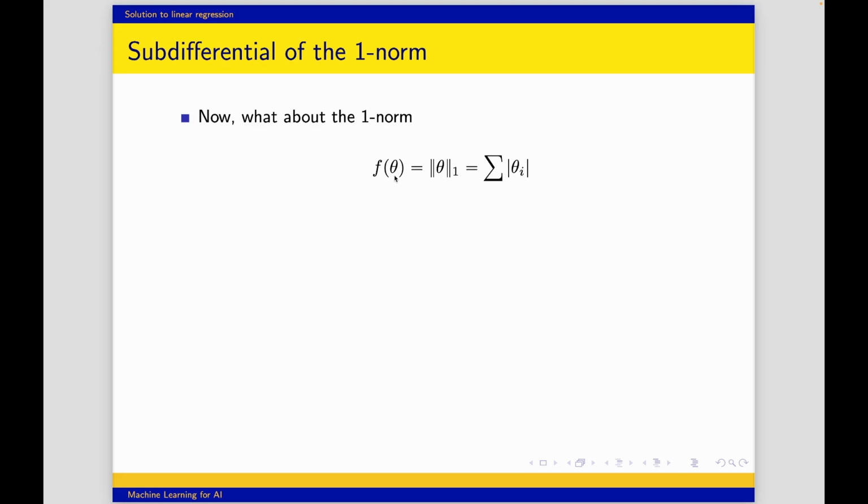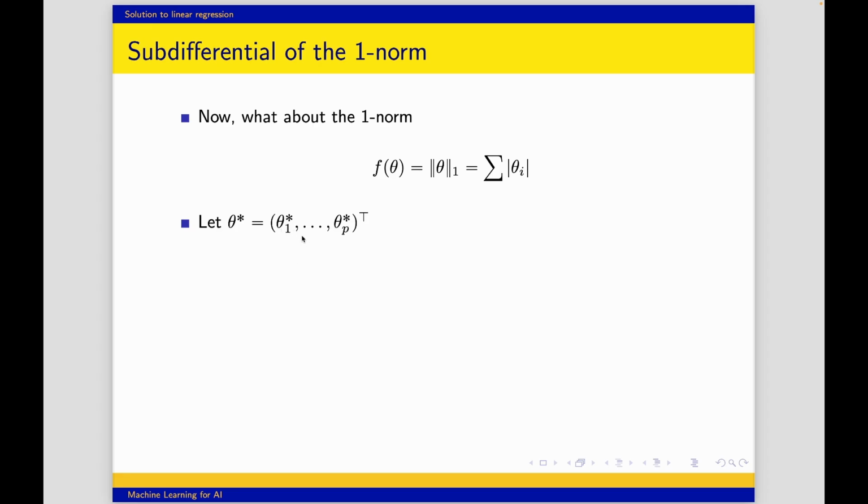So in the case of the one norm, our function f of theta is now this one norm, which is the sum of the absolute values of the components of theta. So let's define a point theta star like this.